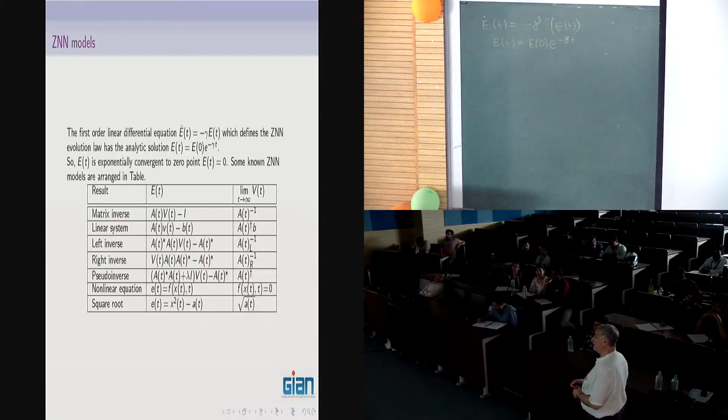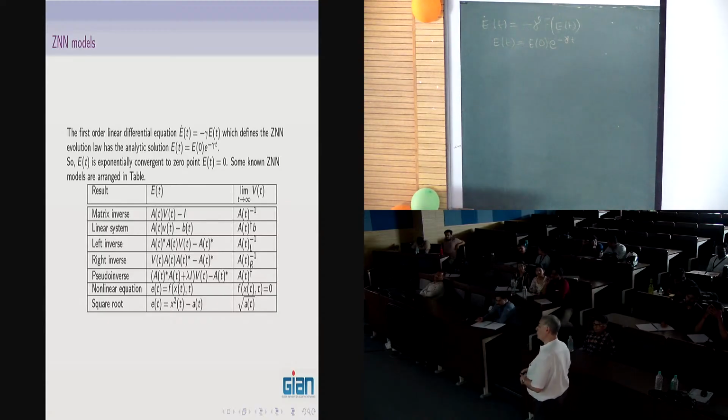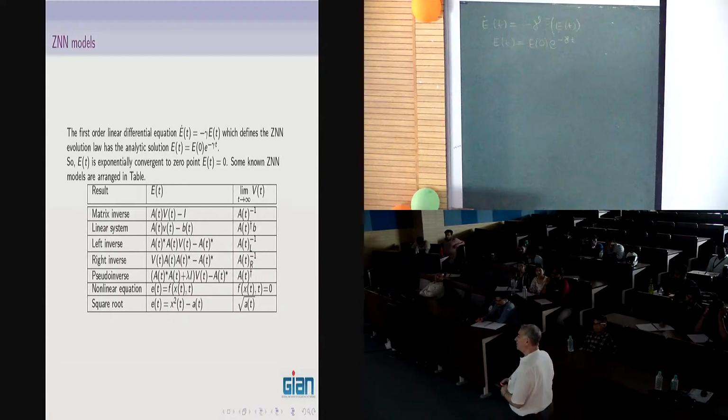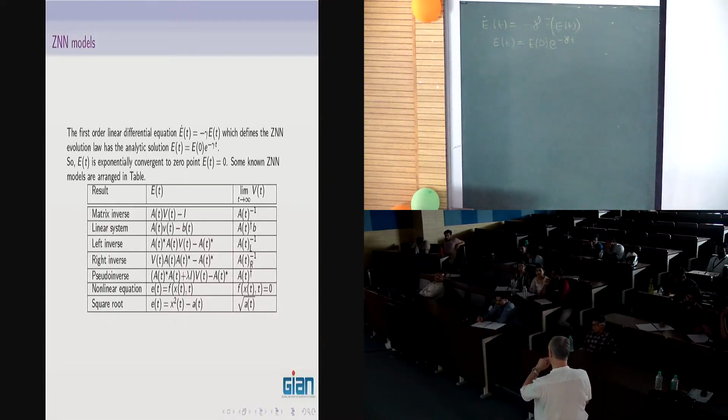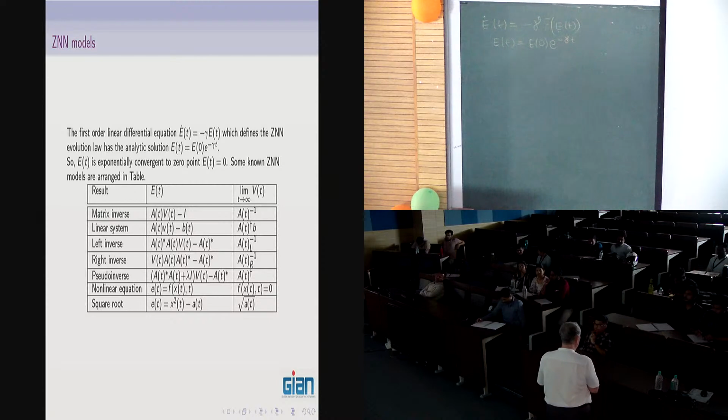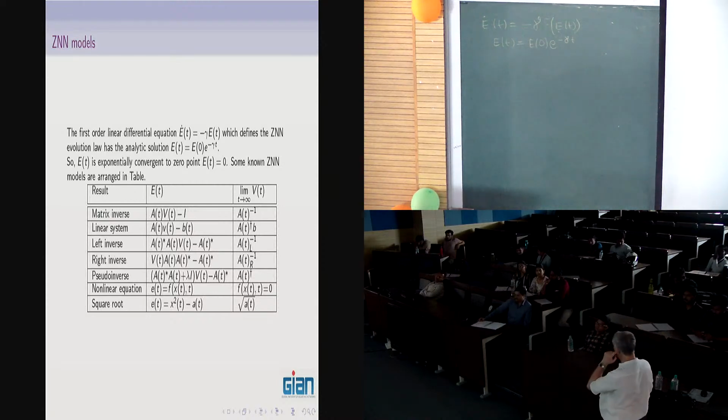Here is the state variables matrix. It is an approximation of our solution during time. Again, opposite to gradient neural networks, in which only V of t depends on time, here each input depends on time.